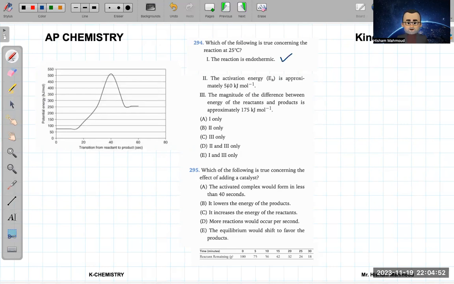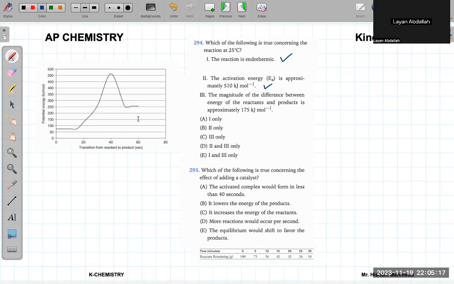The activation energy is approximately equal to what? 510. مظبوط صح؟ The magnitude of the activation energy is approximately equal to 510. مظبوط. This is the activation energy. The magnitude of the difference between the energy of the reactants and products is approximately 175.